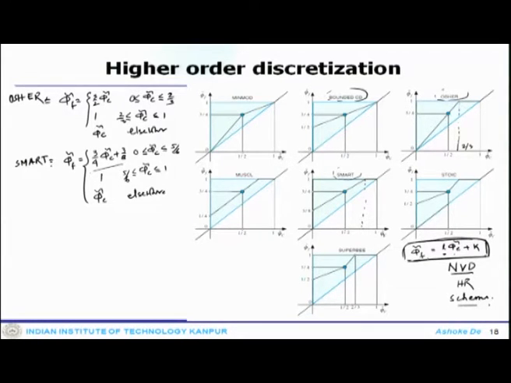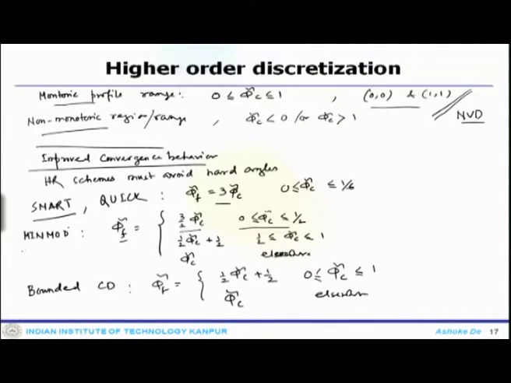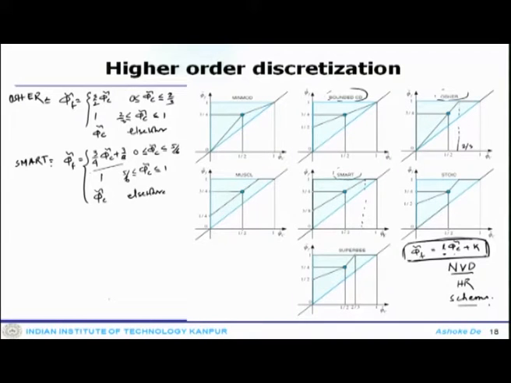We have already seen how the MinMod scheme can be represented, how the bounded CD can be represented, then the Usher scheme and SMART scheme. So this is the representation of the MinMod, this is bounded CD, this is Usher, this is SMART.